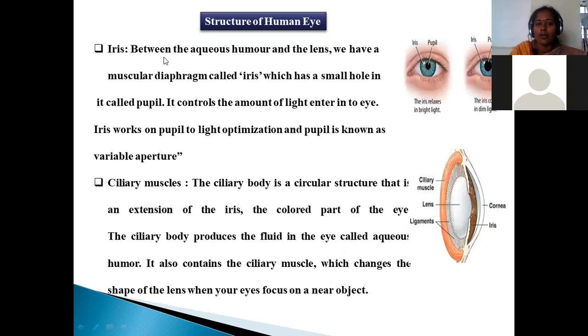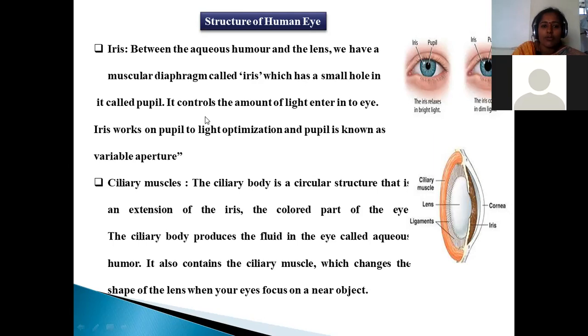And next is the iris. This is also a very important part of the eye. It is present between the aqueous humor and the lens. Here, the central black dark region is called the pupil, and the remaining bright shaded region is the iris.